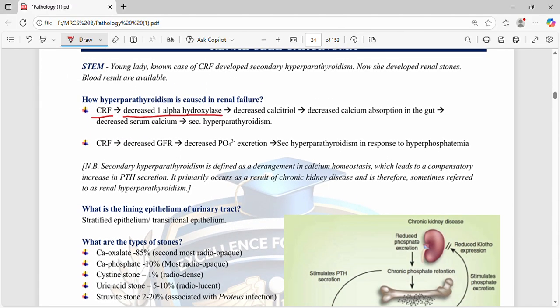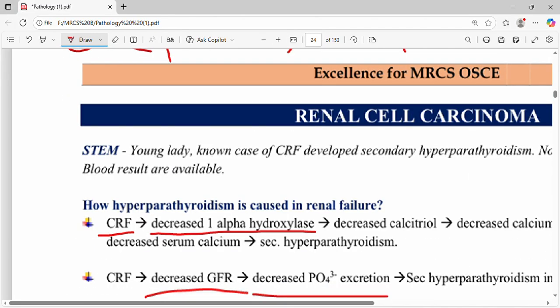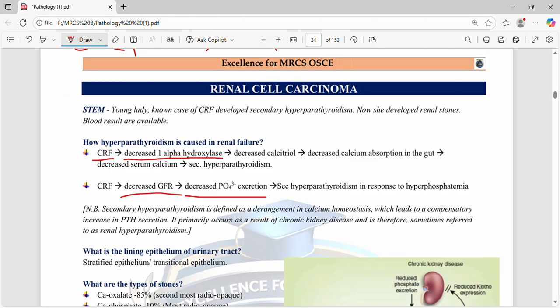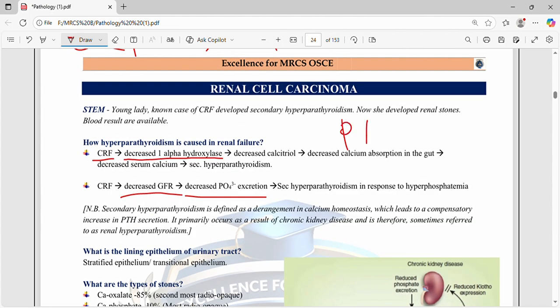CRF decreases GFR and decreases phosphate excretion, causing secondary hyperparathyroidism in response to hyperphosphatemia, because PTH, parathyroid hormone or parathormone, is also called phosphate trashing hormone. This is a mnemonic.